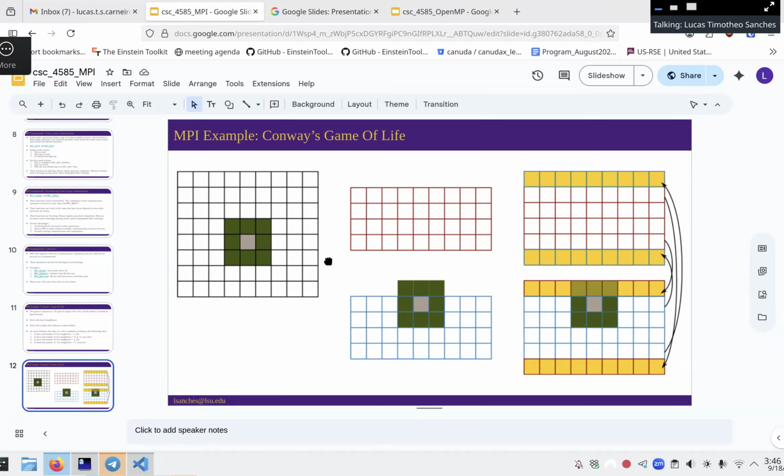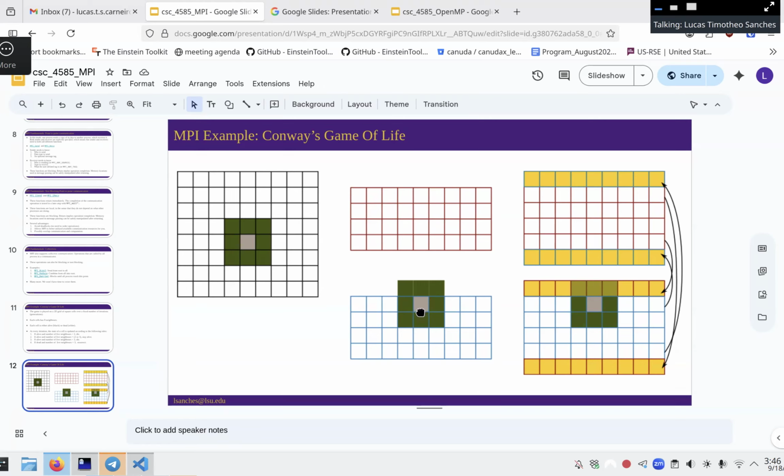Now, the problem is the same. We're going to walk through each of these cells, looking at my neighbors and deciding if I'm alive or not.